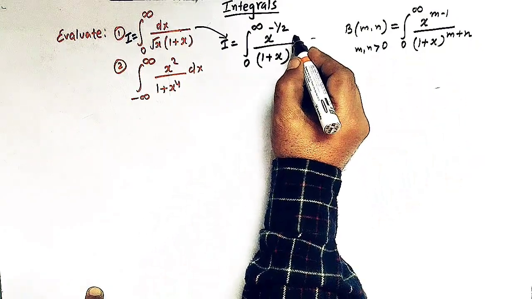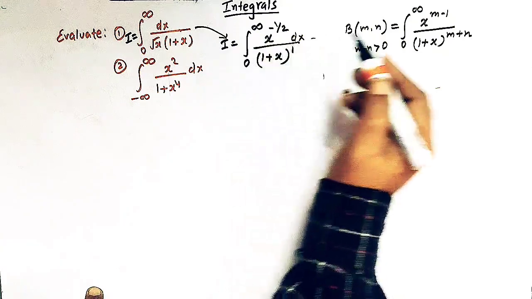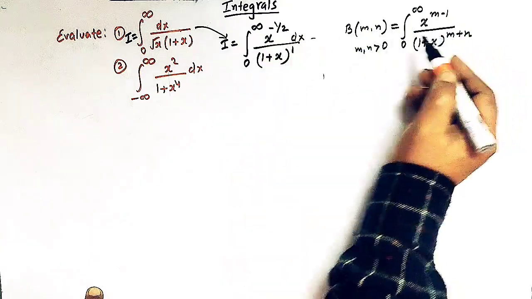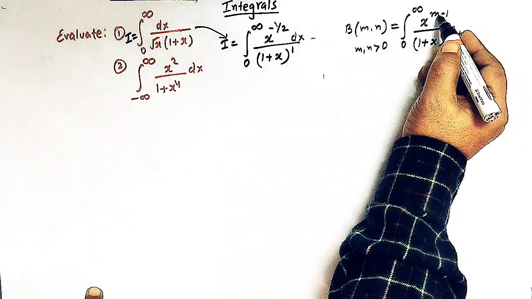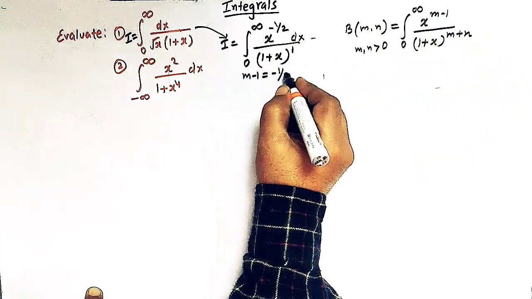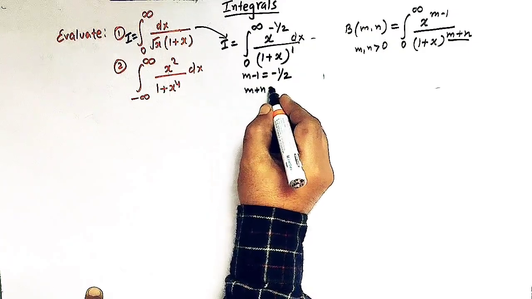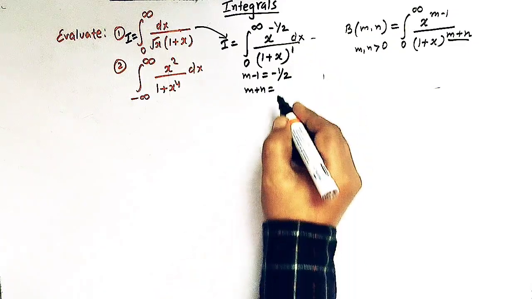So here we have dx, and this integral can now be written in this form by taking m minus 1 is equal to minus half, and m plus n is equal to 1.